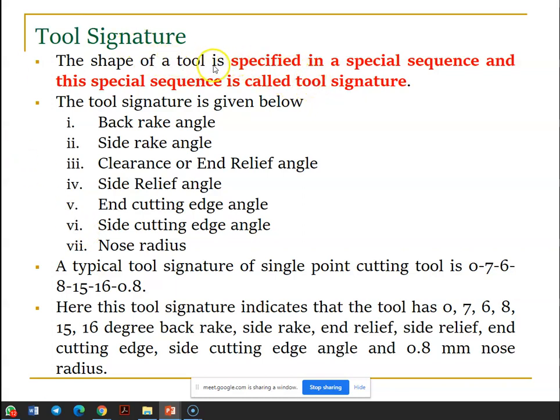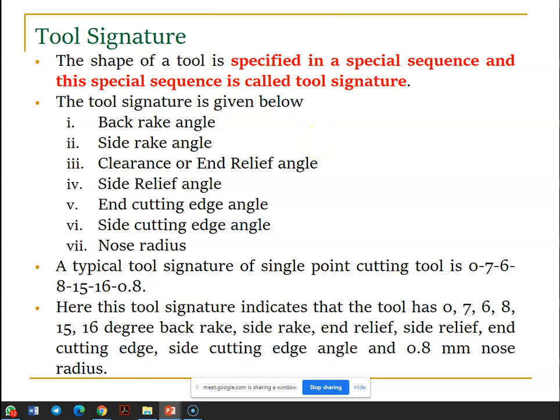The shape of the tool is specified in a special sequence, and that special sequence is called the tool signature. The sequence of specification is the signature, and it is common; we cannot change it.